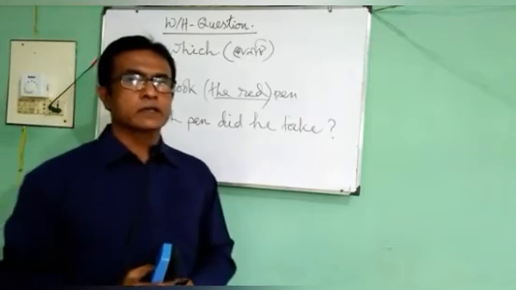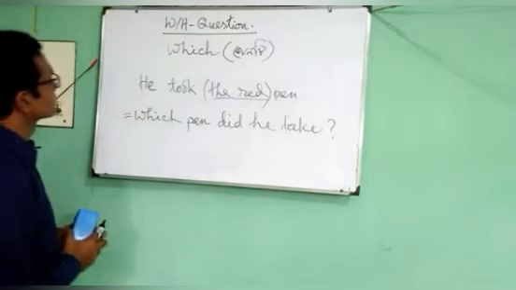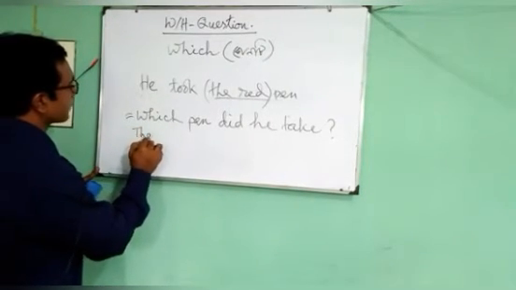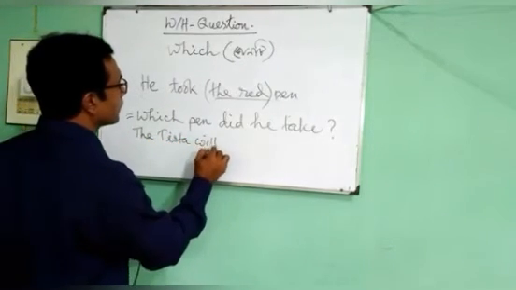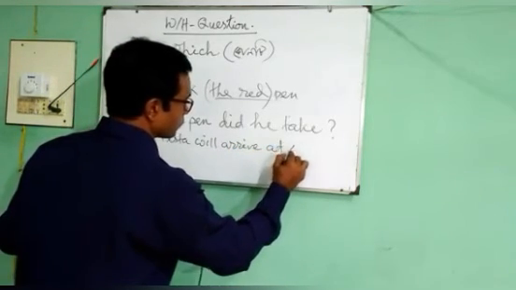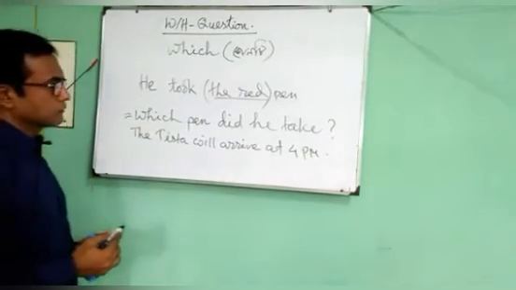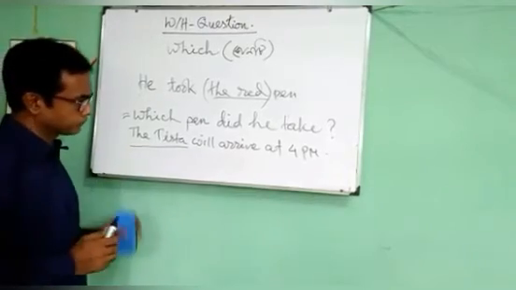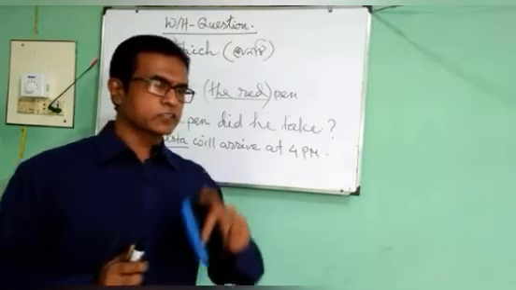We can make another question using which for knowing the subject. The Tista will arrive at 4 p.m. You have to guess the term, the Tista. Probably it is the name of an express train.